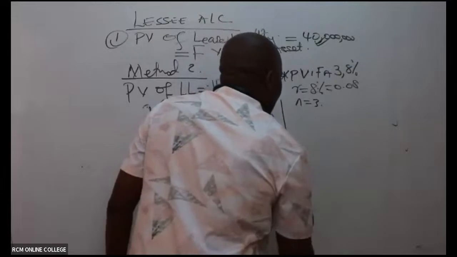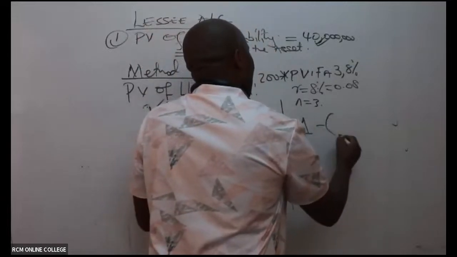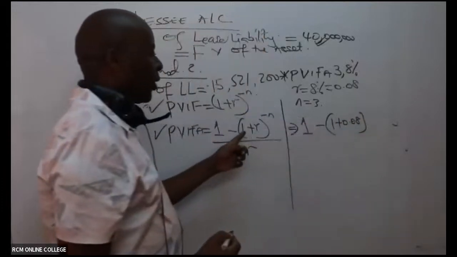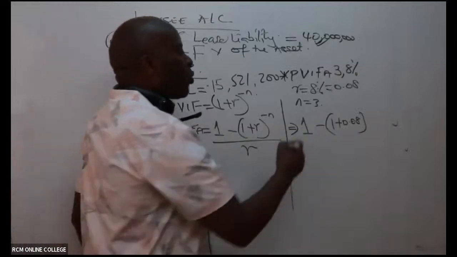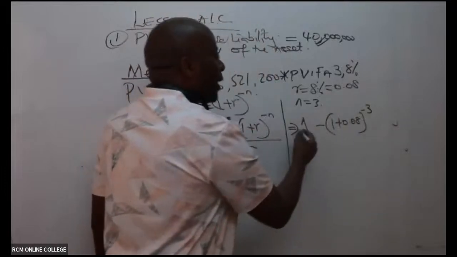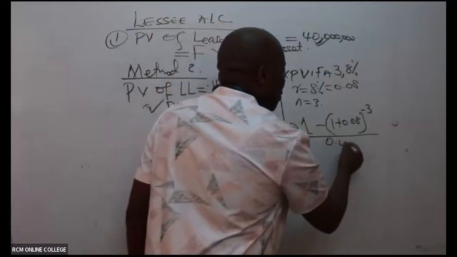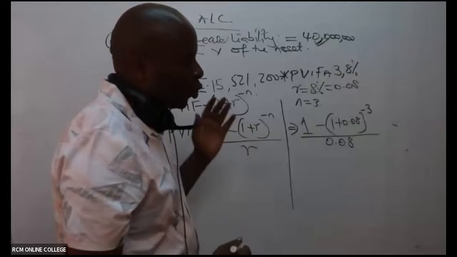So can we kindly plug in here? We shall say 1 minus, in brackets, 1 plus 0.08, following this formula, raised to negative N, so raised to negative 3, and then everything divided by R, where R is 0.08.